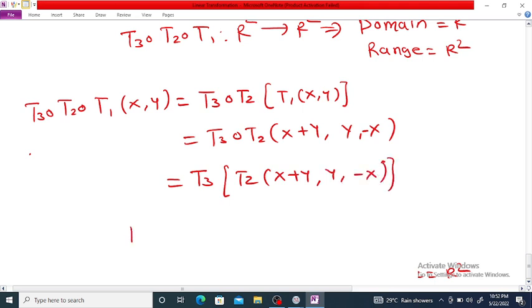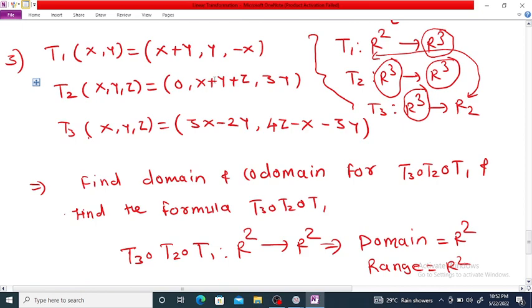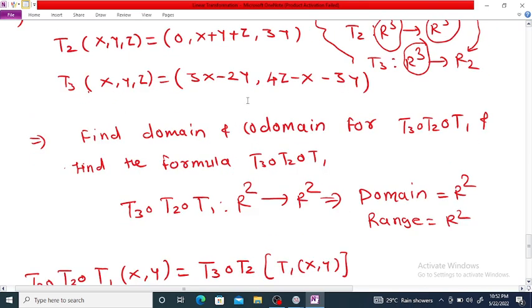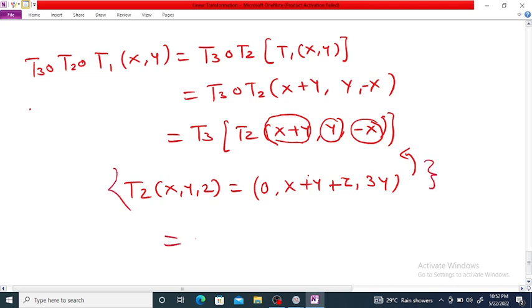So what is T2 of (x, y, z)? I am writing the formula: T2 of (x, y, z) is equal to (0, x plus y plus z, thrice y). If you apply this formula here, in place of x it is x plus y, in place of y it is y, and in place of z it is minus x. So you get T3 of, what is the formula?